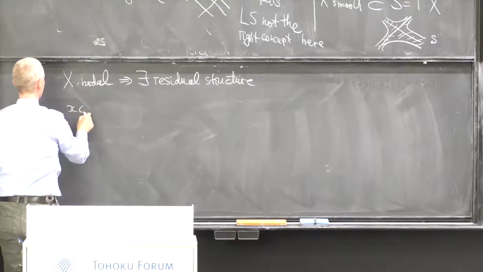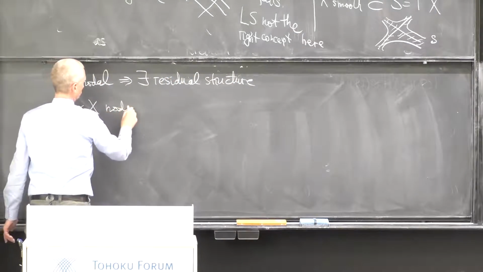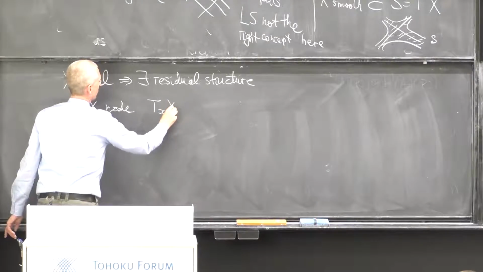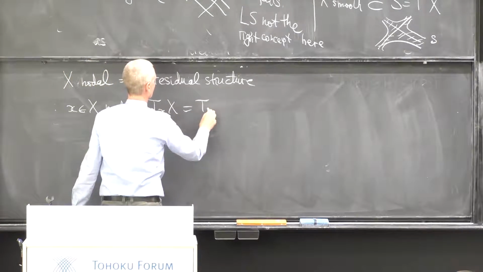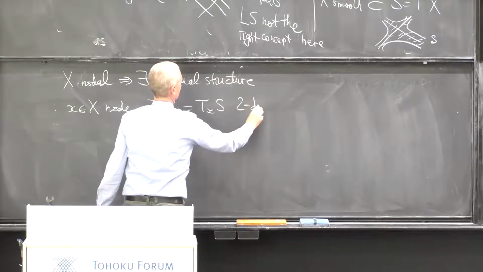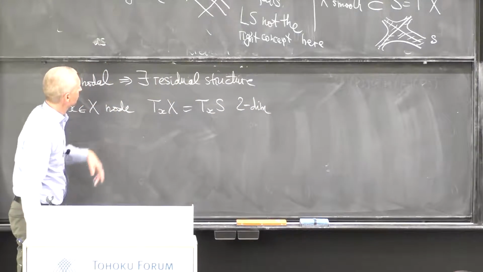If x is a node, then the tangent space is two-dimensional, so this has a symplectic form.